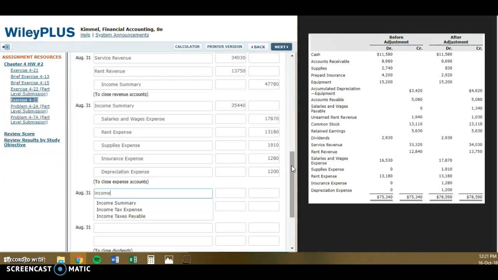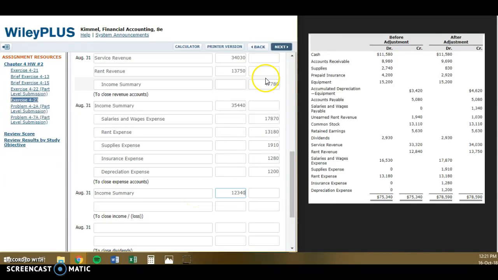So we have income summary, which we are going to, once we subtract the two accounts here, we get 12,340.